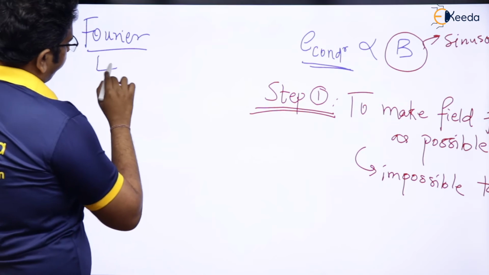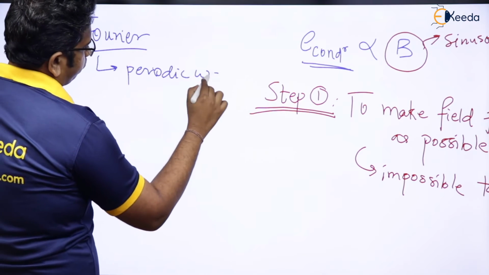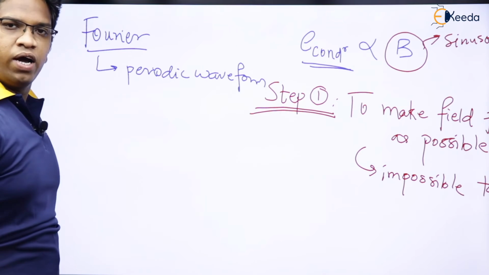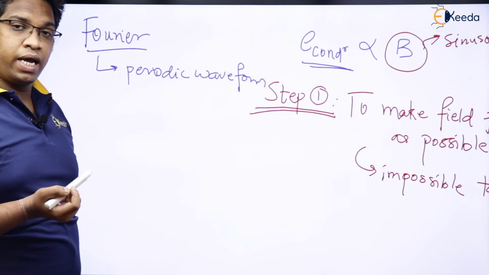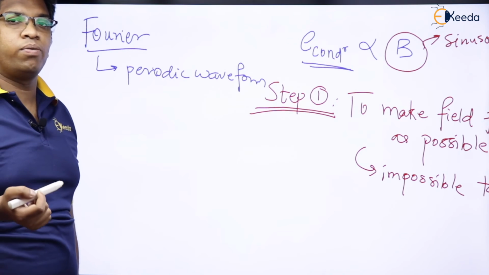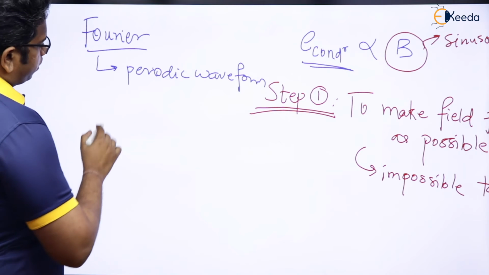Whenever you have a periodic waveform, that periodic waveform can be represented as a linear combination of sinusoids. You will not understand anything. Let me tell you. See here.